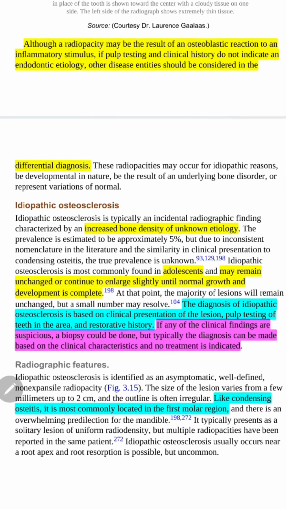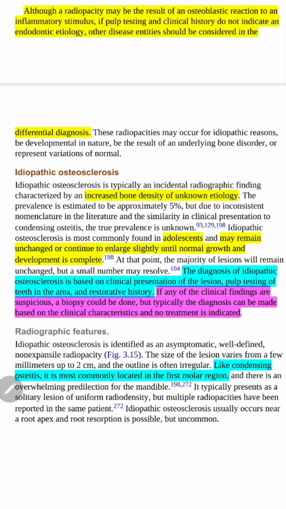But there are some radiolucent lesions that are not known to have a cause. They are not inflammatory, but their presence needs no treatment, like idiopathic osteosclerosis.